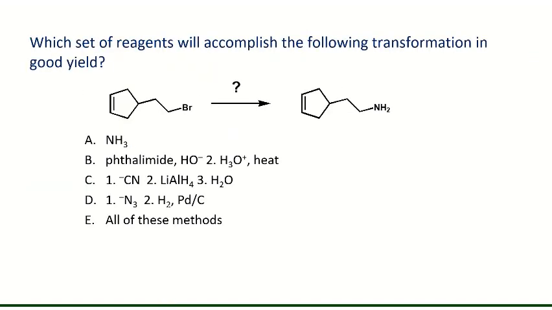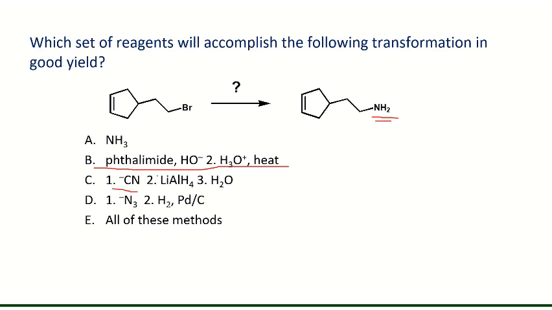Let's move on. A question like this is kind of simple because you can see that we have one nitrogen involved. We've just been talking about a phthalimide. So of course you can see here, phthalimide base followed by the quenching, right? Why couldn't you use this fella?